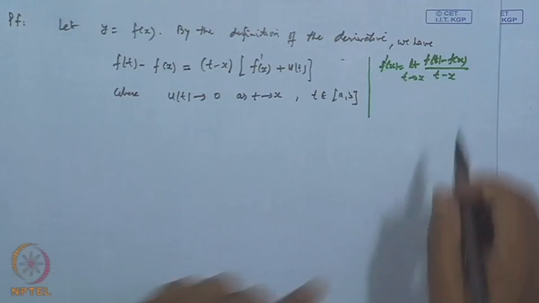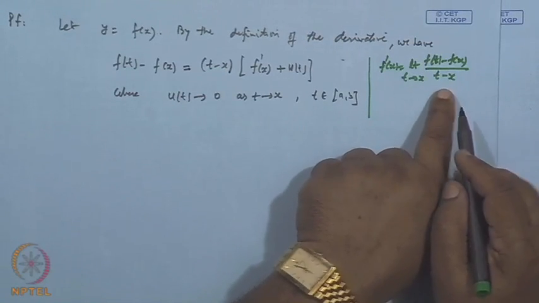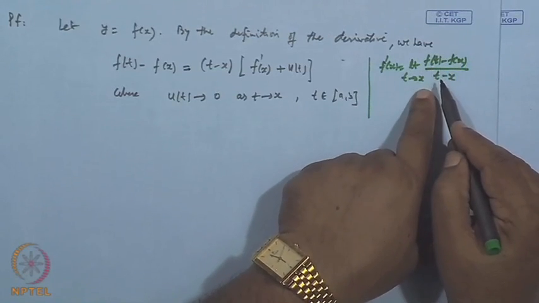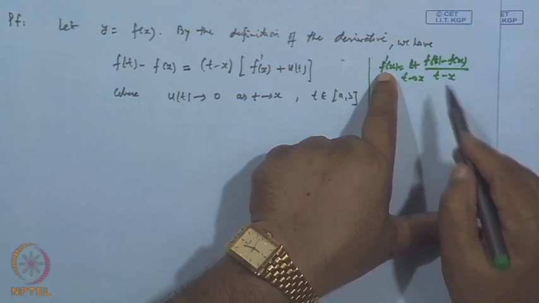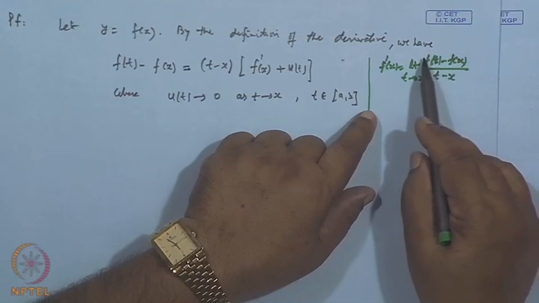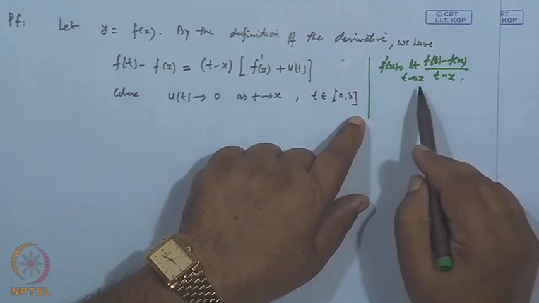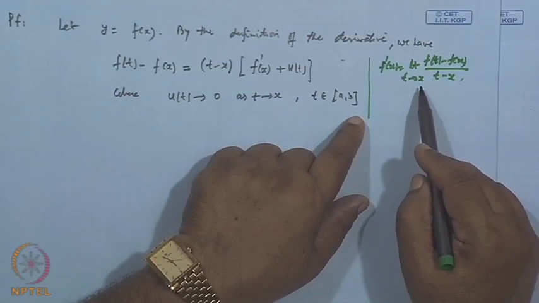When t approaches x, the limit of this ratio exists and we denote it by f prime of x. It means the difference between this ratio and f prime is very small when t is sufficiently close to x.